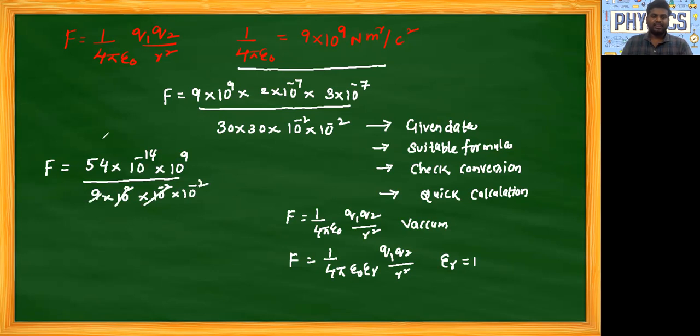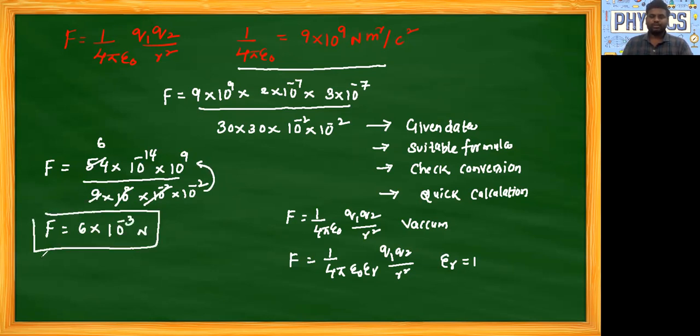Now 10 to the power of plus 2 and minus 2 get cancelled. 9 ones are 9, so 6. Then force F is equal to 6 into 10 to the power of 11 minus 14, that is 6 into 10 to the power of minus 3 Newton. This is our force between two charges.